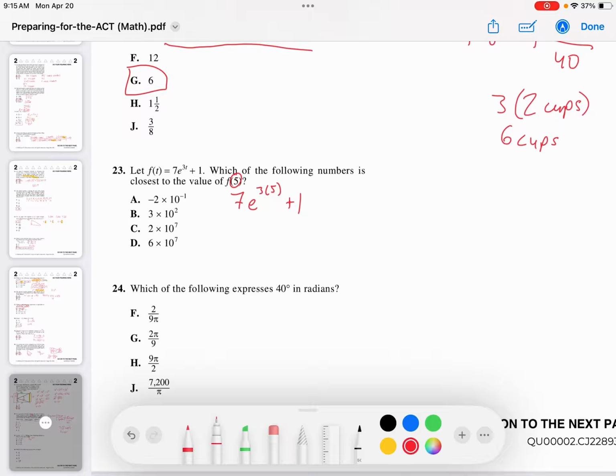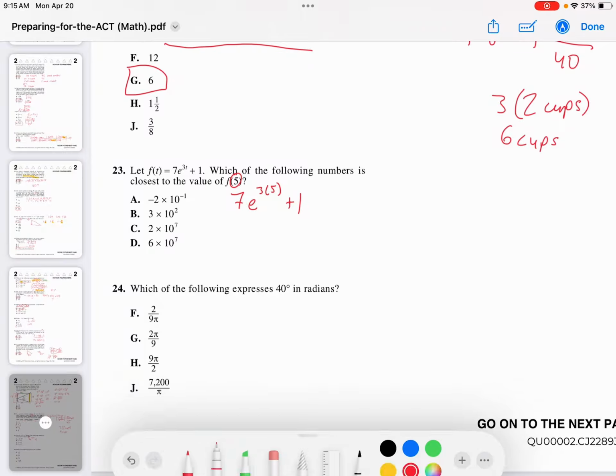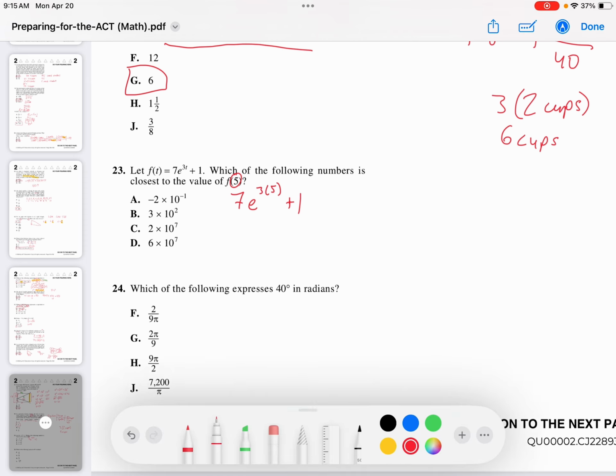I'm just going to put that on my calculator. It gives me 228831122.